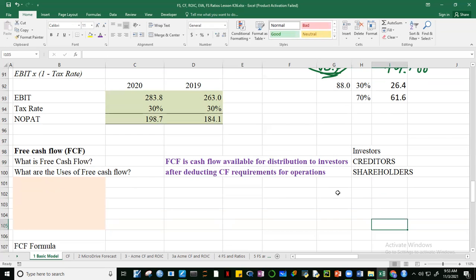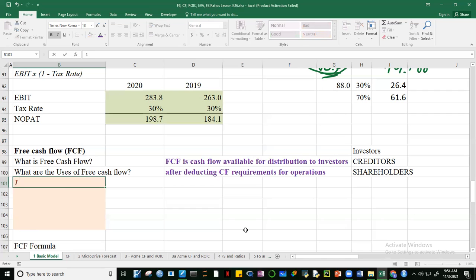Okay. So based on this definition, let's now define what are the uses of free cash flow. Where do we use free cash flow? As defined, guys, it's cash flow available for distribution to investors. Again, when we say investors, creditors and shareholders. Let's identify five uses of free cash flow.